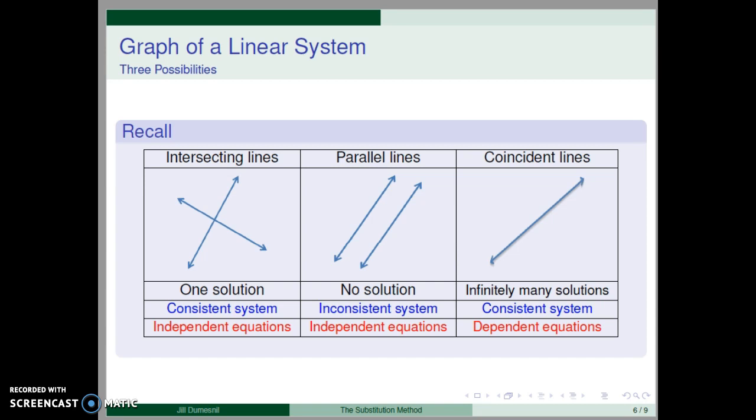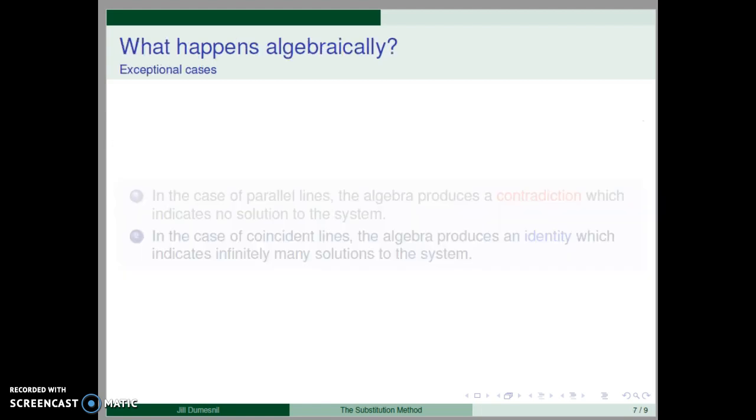In general, there are three possibilities for the graph of any 2 by 2 linear system. We could get intersecting, parallel, or coincident lines. In the case of intersecting lines, solving the system algebraically produces the unique solution (x, y). What happens algebraically in the other two cases?